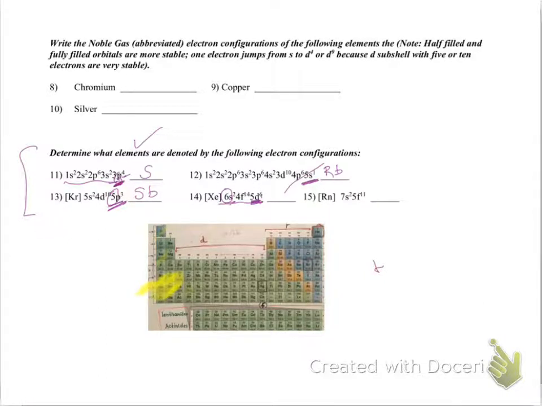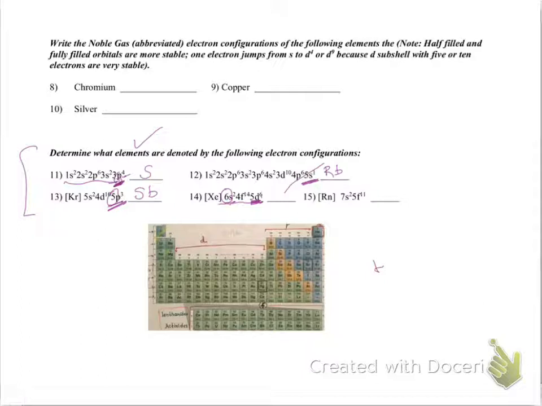6s2. When we enter the D block, we put one less row number. Similarly, when we enter the F block, we put two less row numbers. Very interesting.